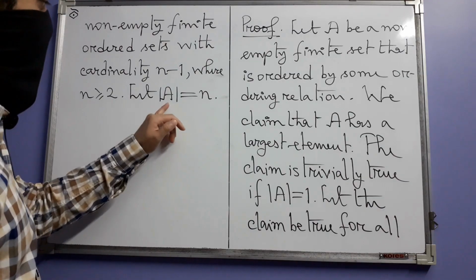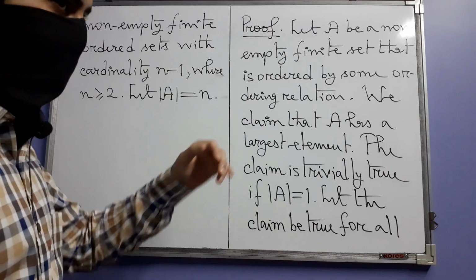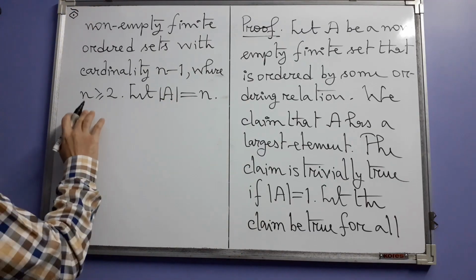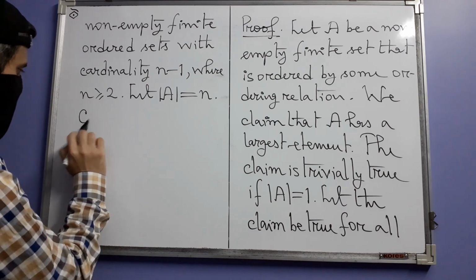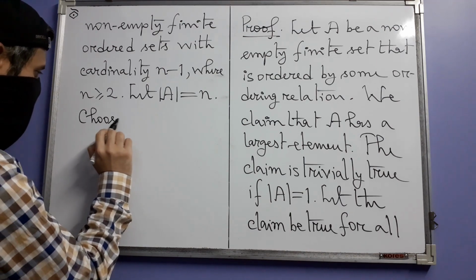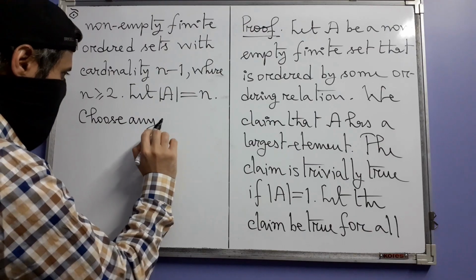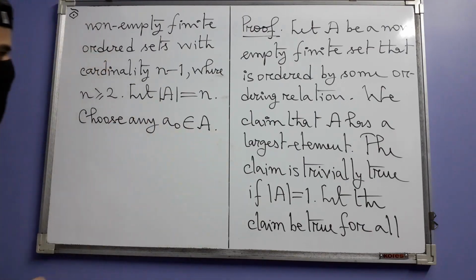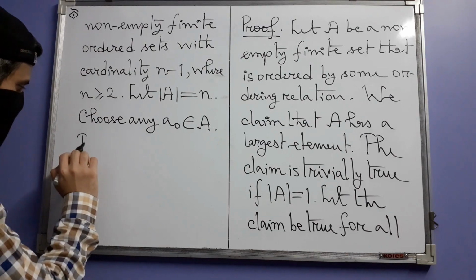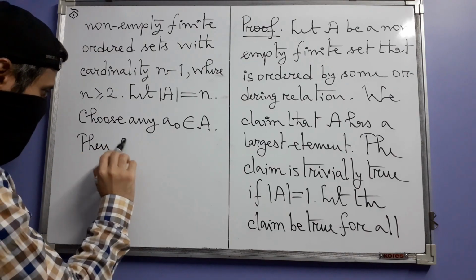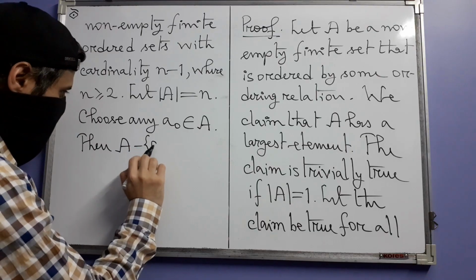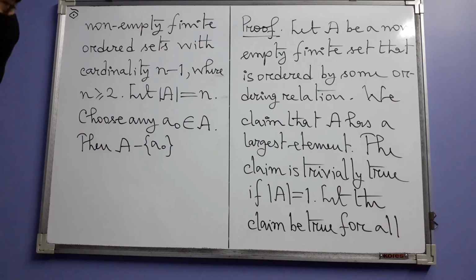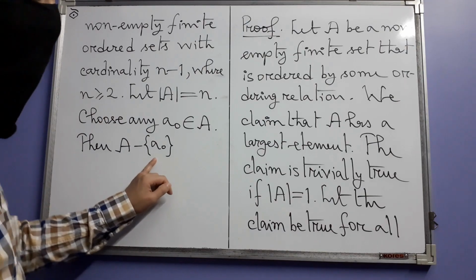So A having n elements of course is non-empty. So we can arbitrarily choose an element in A. Choose any element, say A0 in A. Then removing A0 from A, we get a subset of A, which is also a non-empty subset.